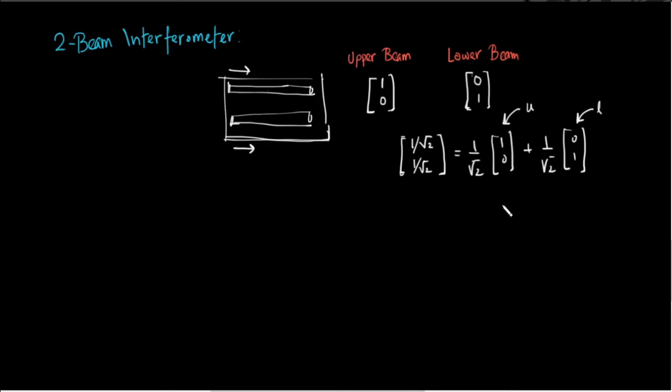So the state of the photon, we call this state the wave function. The wave function corresponding to the photon is at the same time in the upper beam. Part of the wave function is in the upper beam and part of the wave function is in the lower beam. Where is the photon?